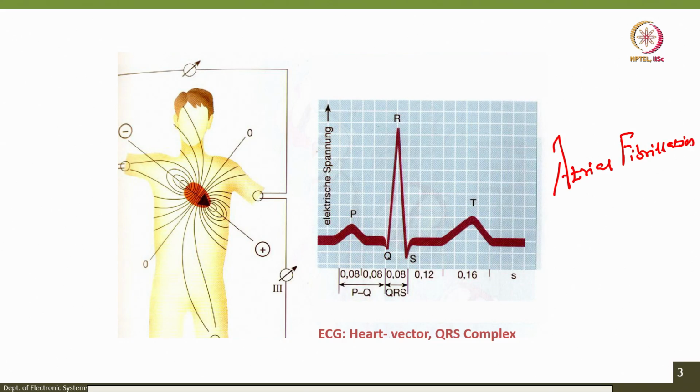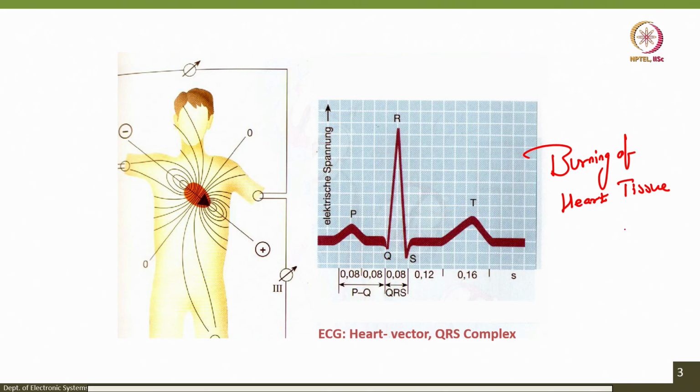Now, this atrial fibrillation can be generally treated by medicines, but the treatment also involves the burning of heart tissue. The short form is called AFib, atrial fibrillation, okay.